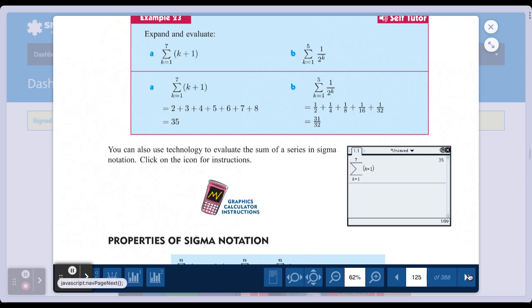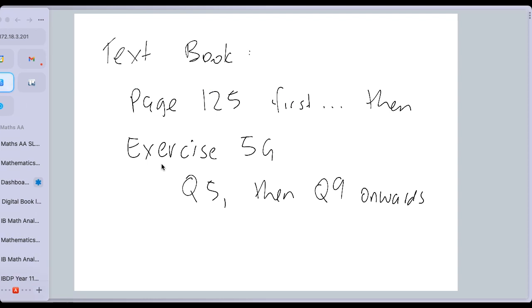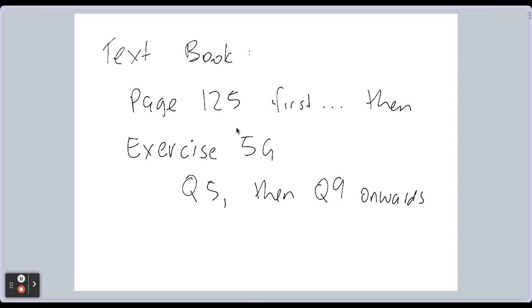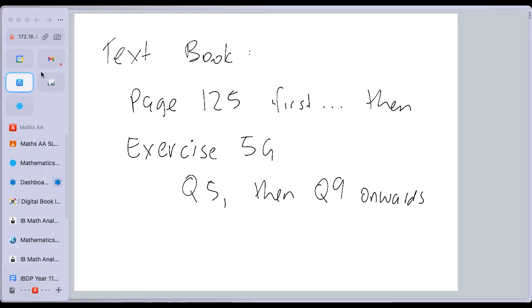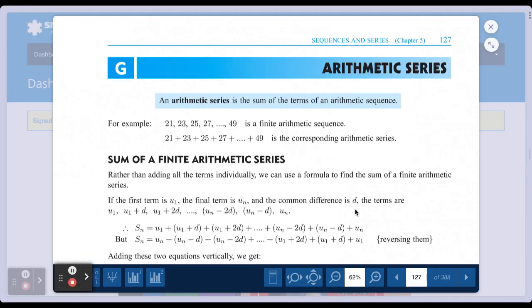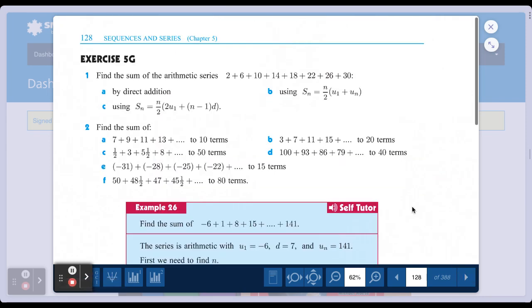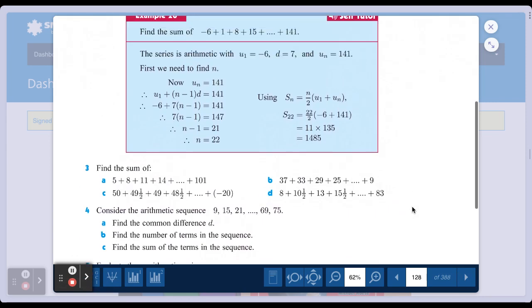Okay, so what I want you to do is exercise 5G, which is a few pages on, on page 128.